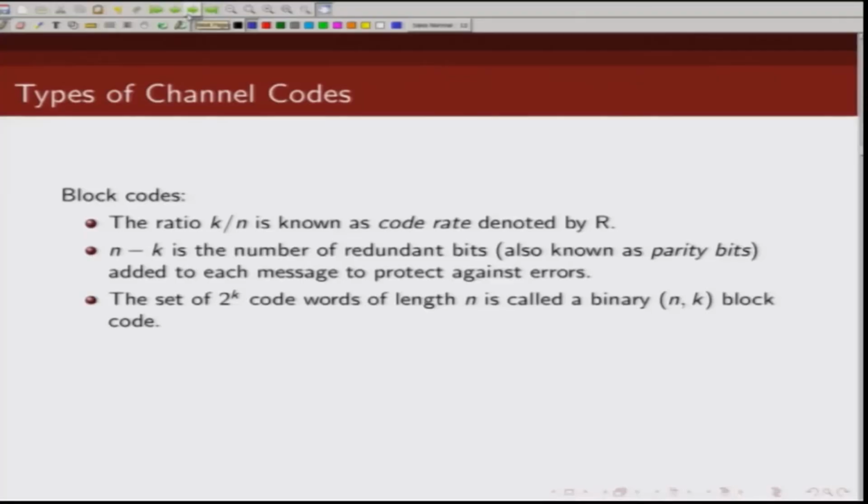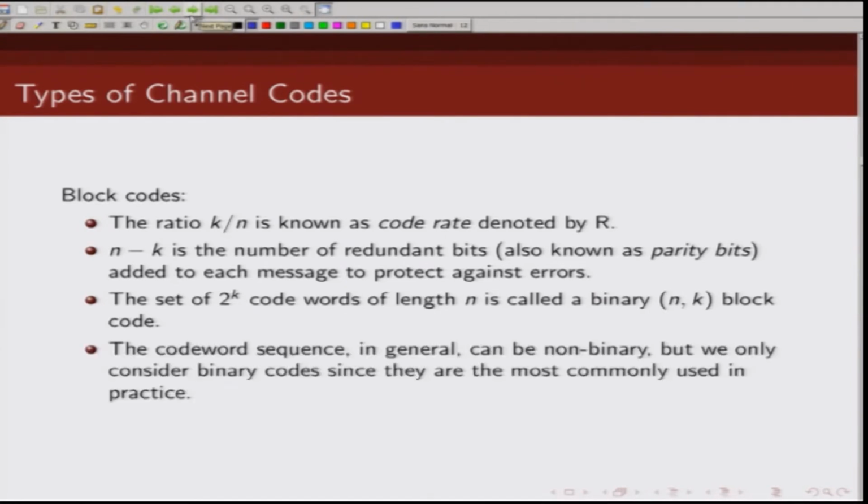So, a binary n,k block code consists of 2 to the k code words, each of length n. These code words need not be binary; however, the same theory mostly applies to non-binary code words as well. We will restrict our discussion to binary code words.